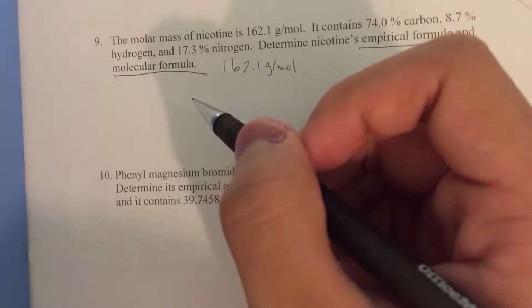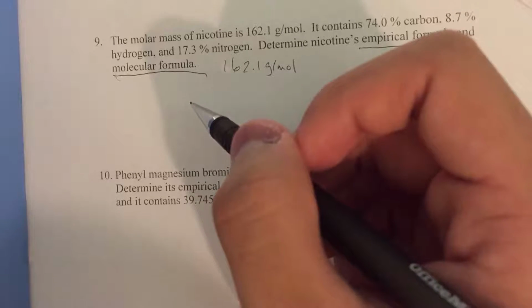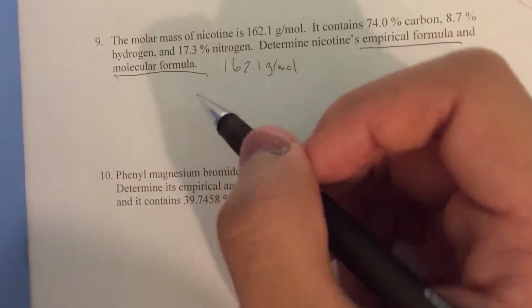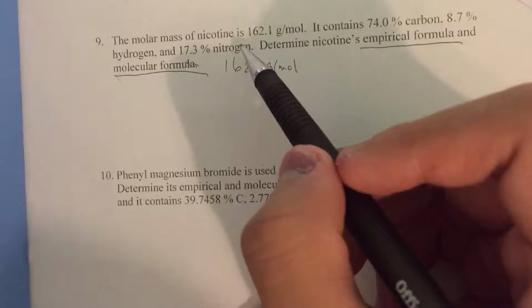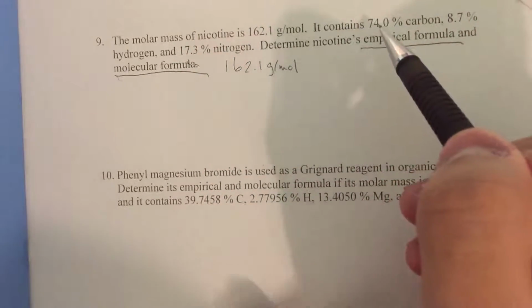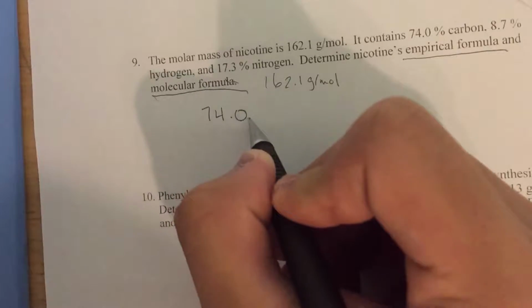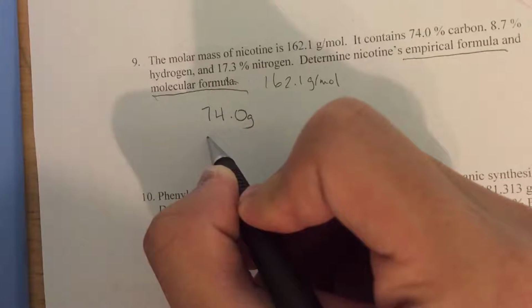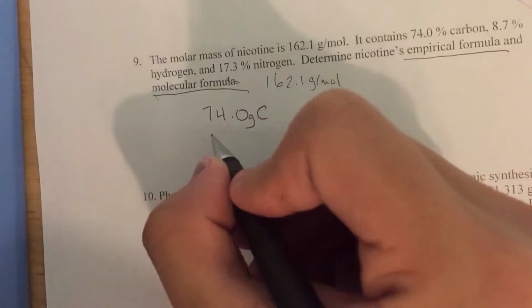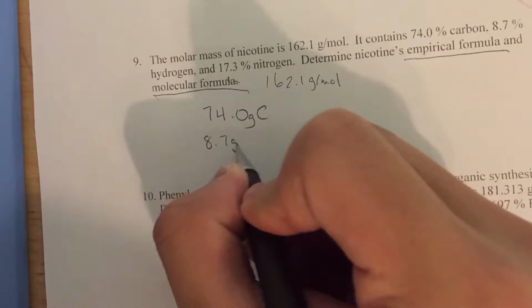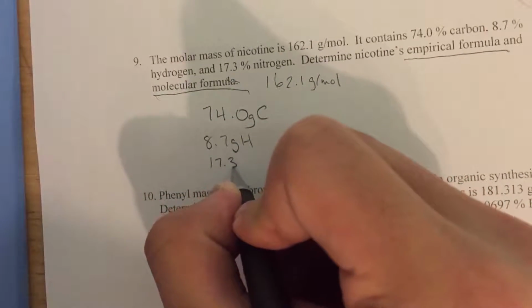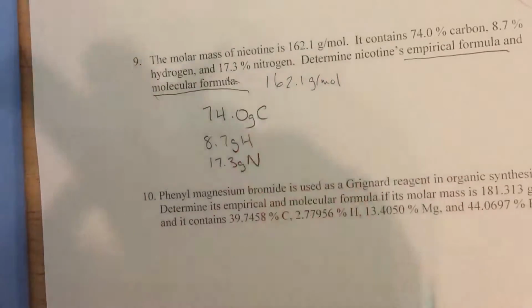So the molecular formula is just the empirical formula multiplied by a factor to give a completely new formula, okay? So as shown in the last episode, we can just turn all of the percentage compositions into grams. 74.0 grams of carbon, 8.7 grams of hydrogen, and 17.3 grams of nitrogen.